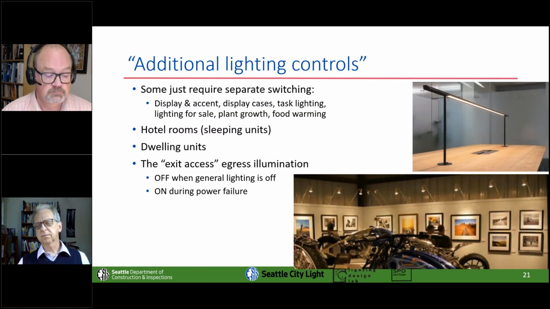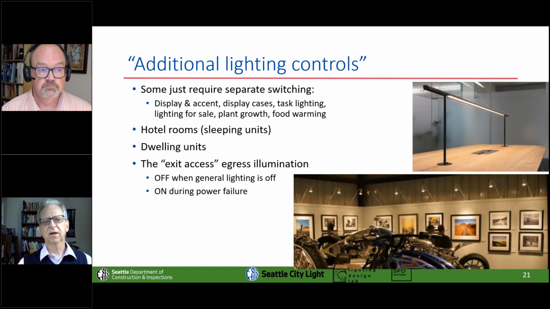So in case you haven't noticed what's going on here, I'm just saying what the code requirement is, and Shaun is then giving you some tips about the details and the possibilities of how to make it all go. There's this sort of miscellaneous section called additional lighting controls in there.